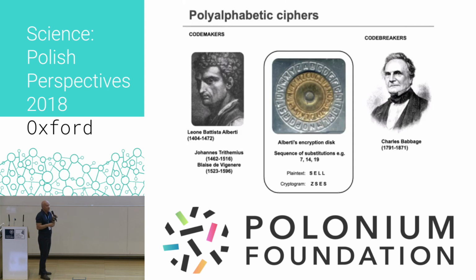Those of you who have an interest in the history of art probably recognize him as a famous Renaissance architect, one of those Renaissance men. Among many things that he did, he designed something that is known as an encryption disk, which is sort of like two concentric disks with the letters of the alphabet on the edge, on the perimeter.